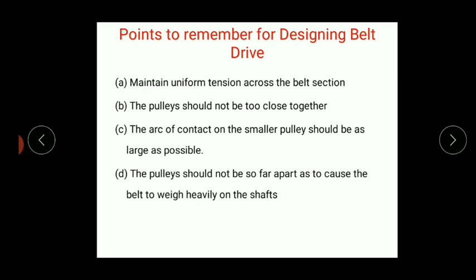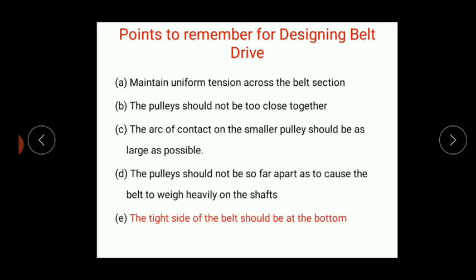And if the belt is too bulky, then that may cause the bending of the driving or driven shaft. So the weight of the belt should not be too high. And if the length of the belt is increased, then definitely with the increase in the length, the weight will also increase. So we have to consider this also.